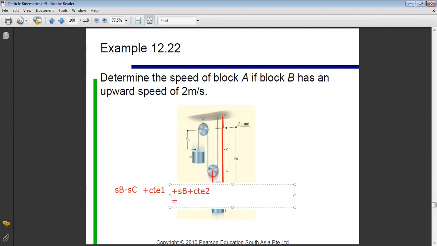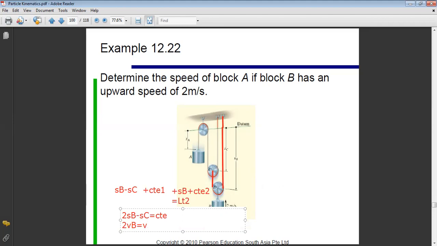The total length of the chord, L total of chord 2. Okay? So also, if you lump all constants together, then you get 2SB minus SC equals to a constant. And when you derive this relation, you end up with 2VB equals to VC.